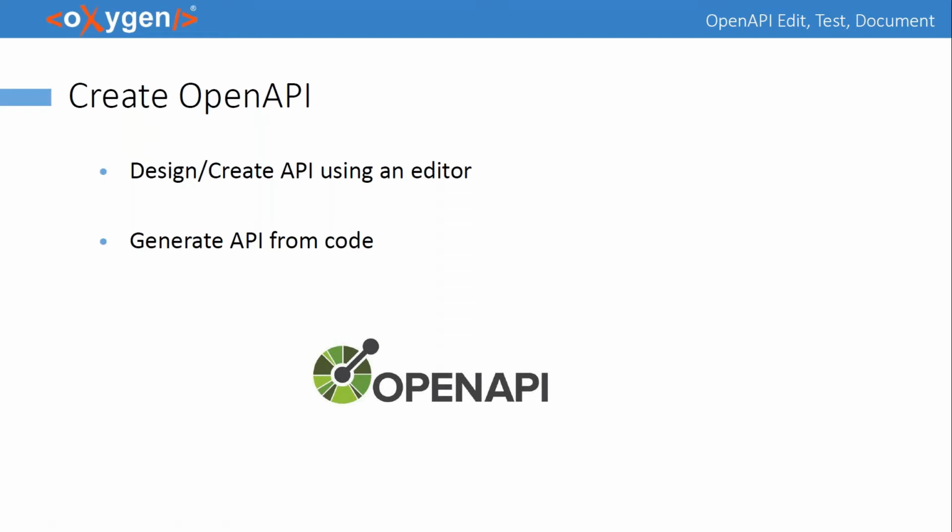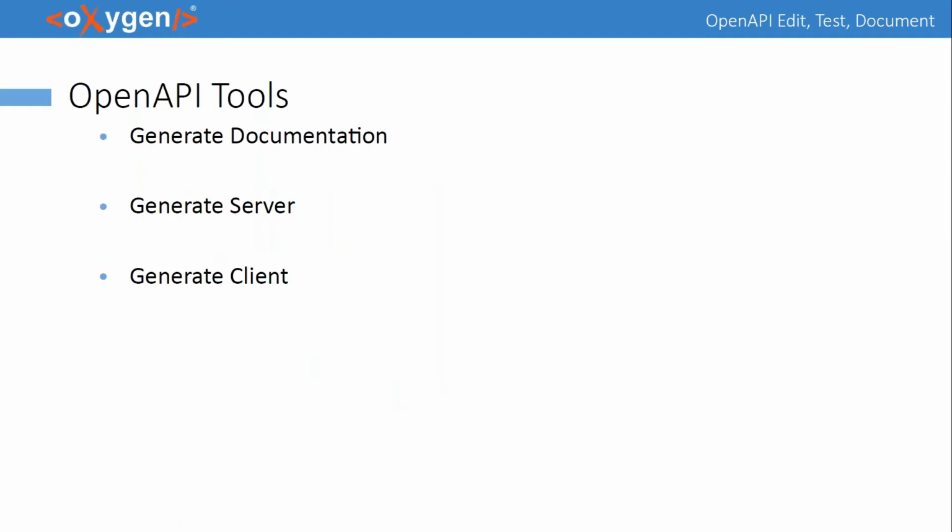There are tools that allow you to generate the API directly from the code. Both ways are used, depending on the needs and what tools you want to use. Then from the OpenAPI, you can use tools to generate documentation. You can use tools to generate a server or a client, a stub of a server that can then be developed.